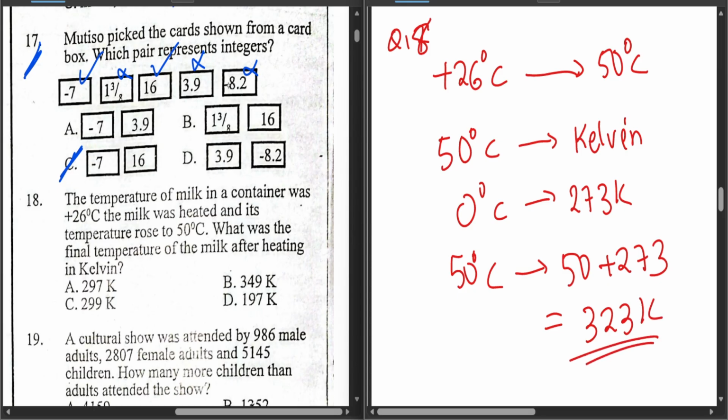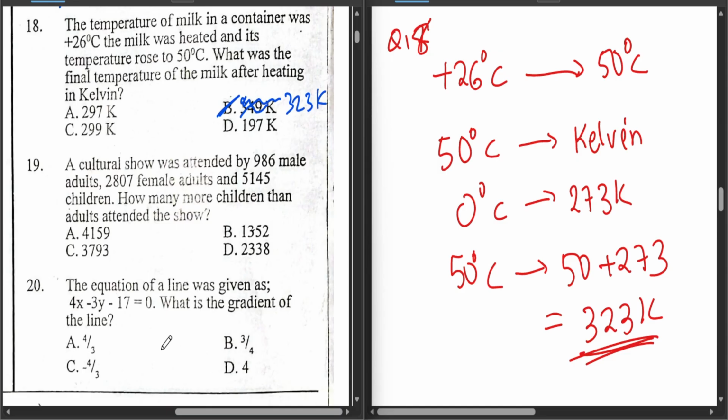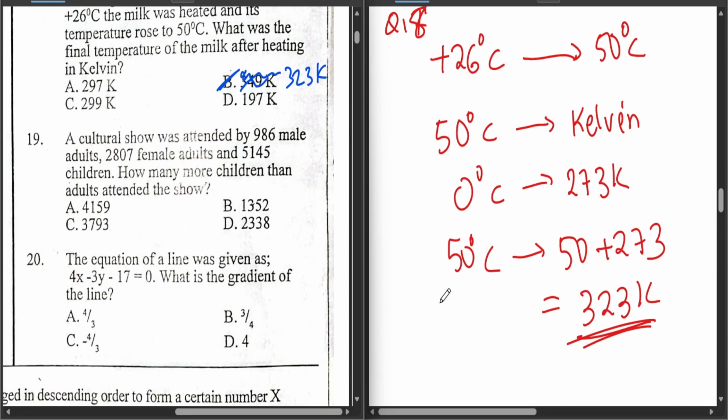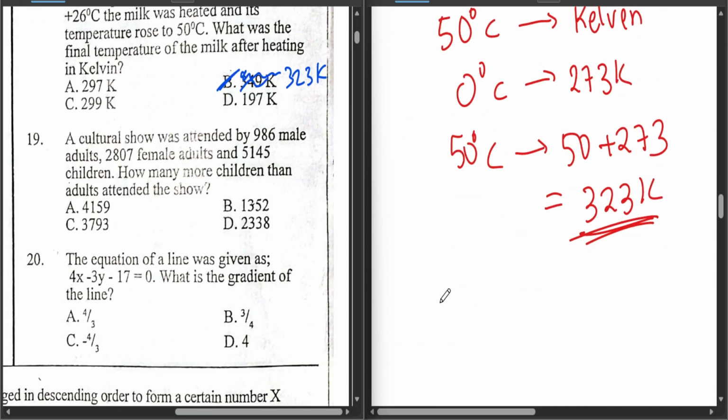Is it correct? 273 plus 50, yeah, you get 323. Okay, the answer is this, but I'm not seeing it in the choices, but I think most probably this one was supposed to be written as 323 Kelvin. Okay, hopefully it's understandable. Question 19, we're heading to that part of the questions.